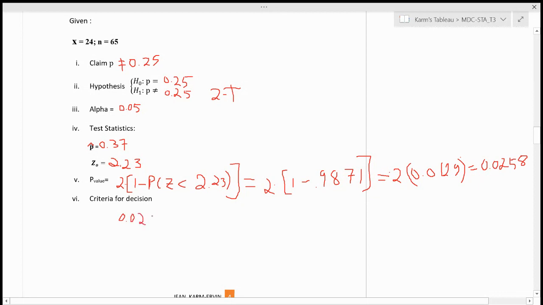with alpha. After we decide which one is bigger or smaller, we're going to either reject or not reject H0. So which one is bigger? So how can we say here?